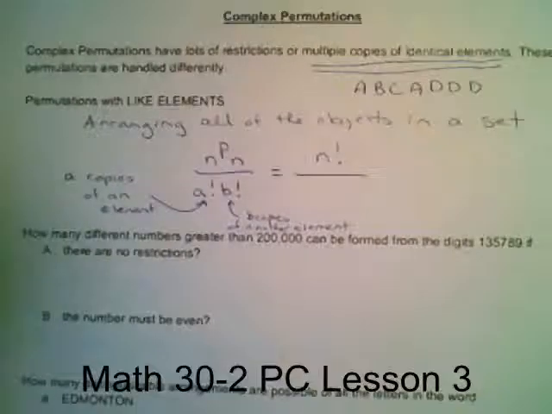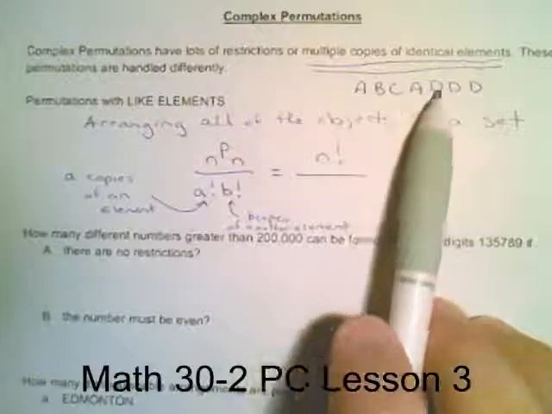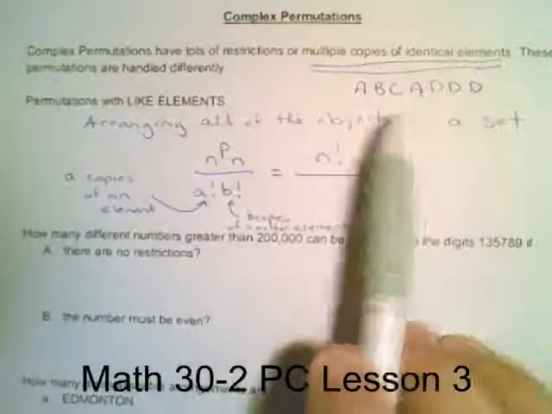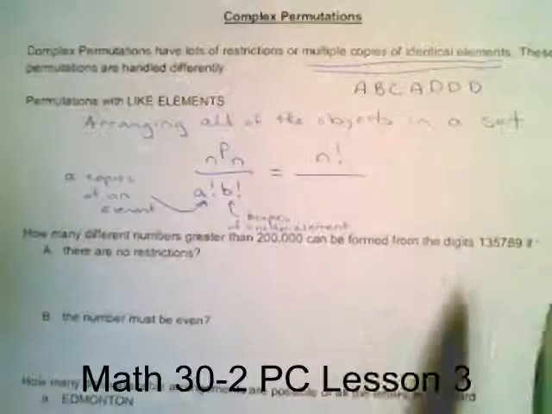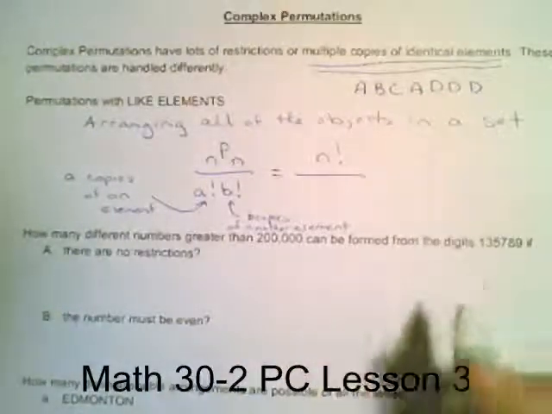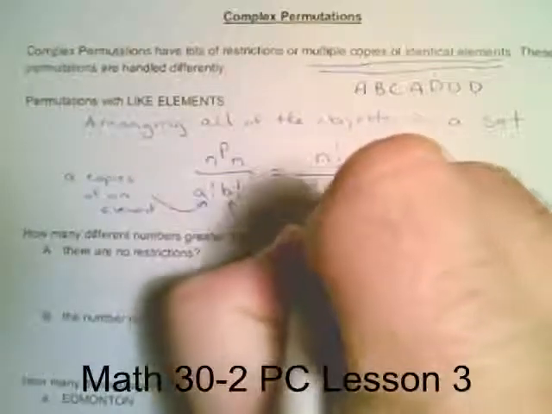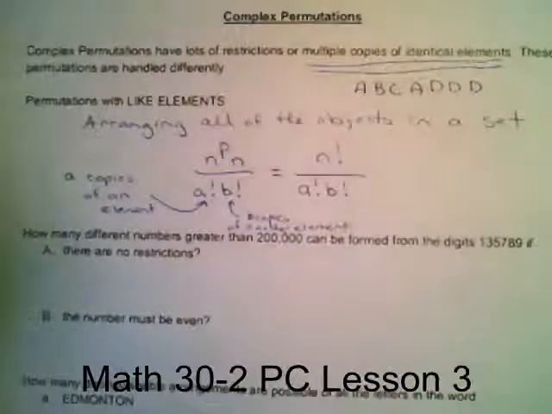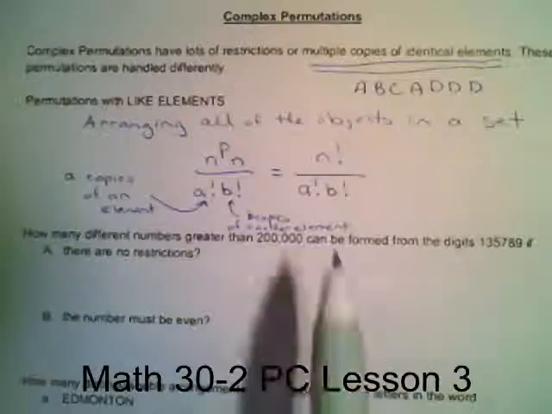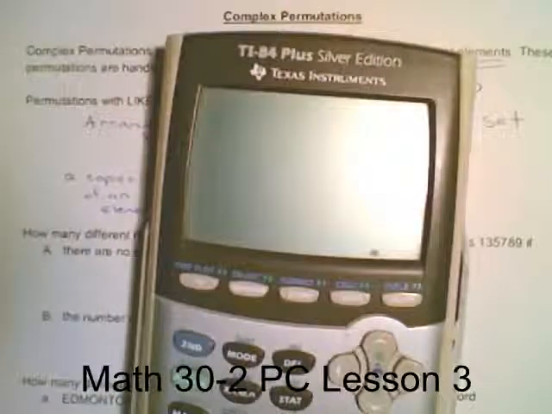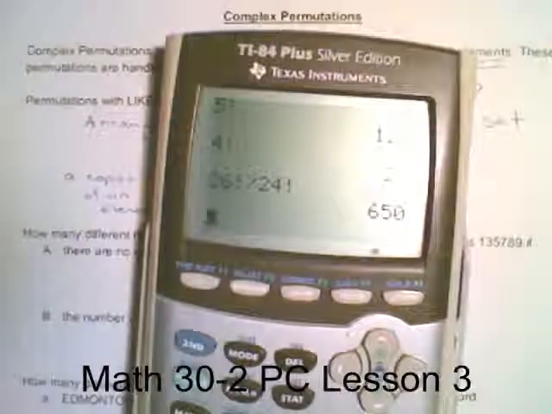I could have A, B, C, A, and then I could have D, D, D. So I have 2 copies of A and 3 copies of D. So I'm going to divide by 2 factorial for the A's and 3 factorial for the D's, because there's 3 D's. Same thing if you did it in factorial to start. You're just going to divide by a factorial, b factorial, and if there are more, you do more. If there's 3, then it would be a factorial, b factorial, c factorial. You just continue.